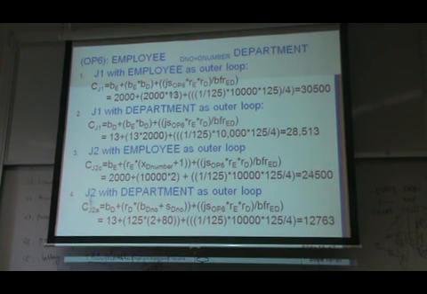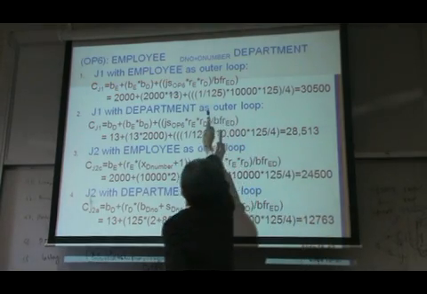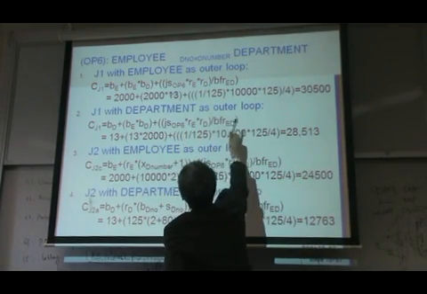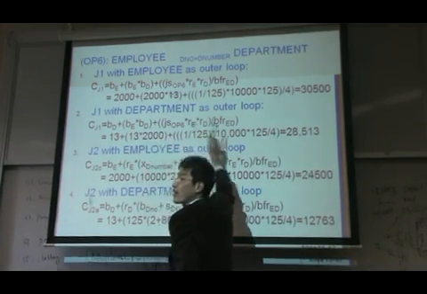The first option is employee as the outer loop, because there are three criteria to compute the cost. One is the selection, another is the join method, and the last one is the join order. So we consider employee as the outer, and next, department as the outer.